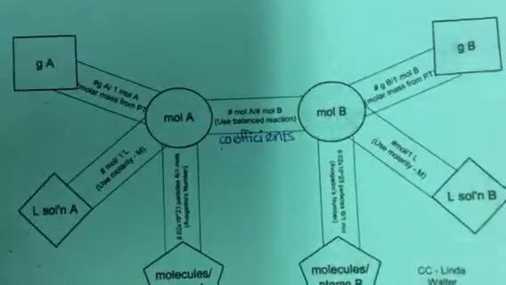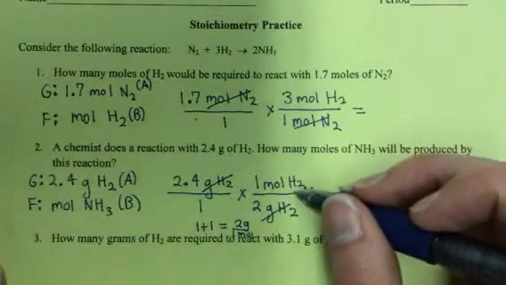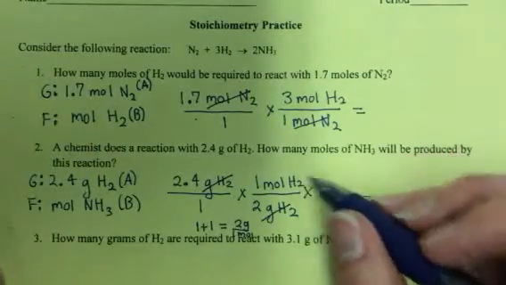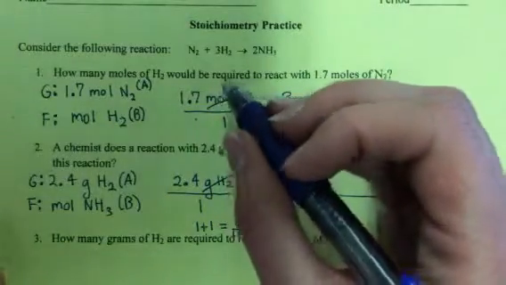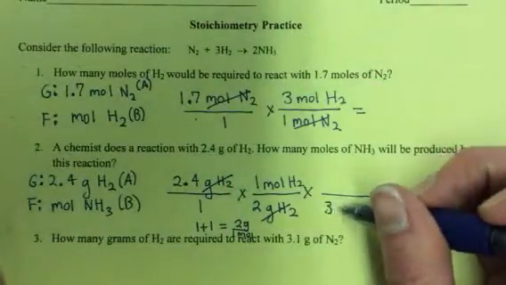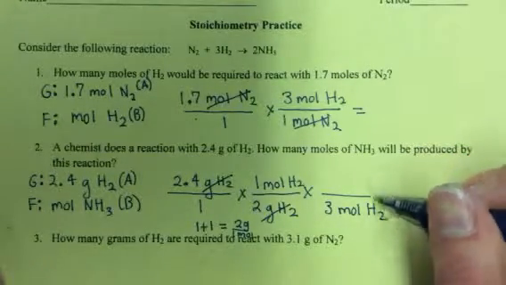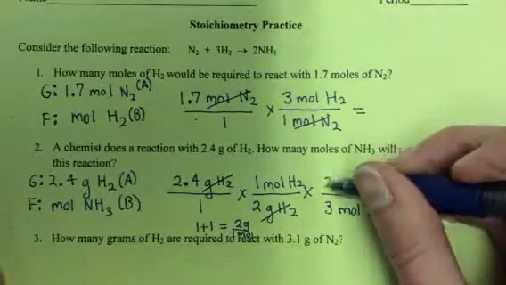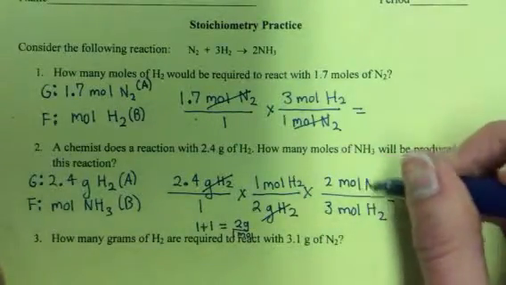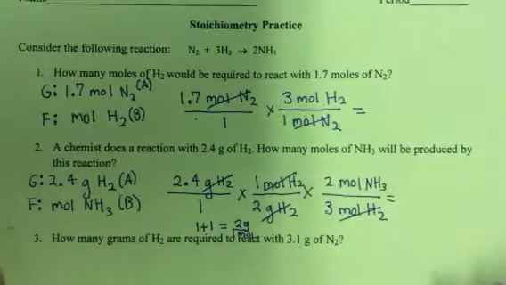So I need to use the coefficients from the equation, just like I did on the last problem. I want to cancel out moles of H2, and I want to get to moles of NH3. So looking up here, the coefficient of H2 is a 3, so that will be 3 moles of H2 on the bottom. And then the coefficient of NH3 is a 2. So I'll have 2 moles of NH3 on the top. Those will cross out.